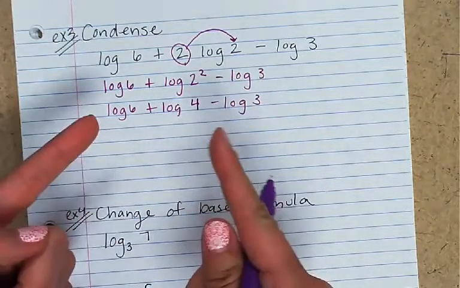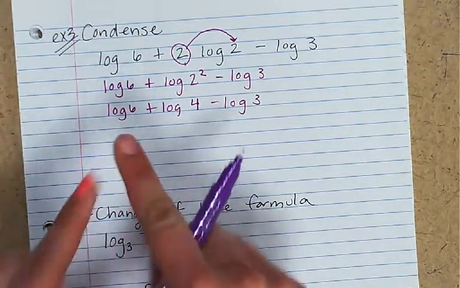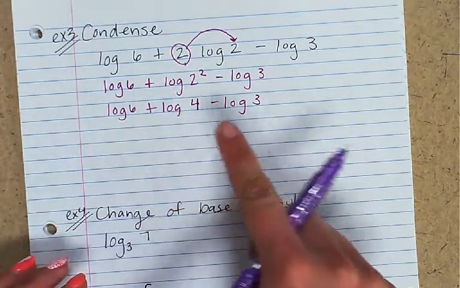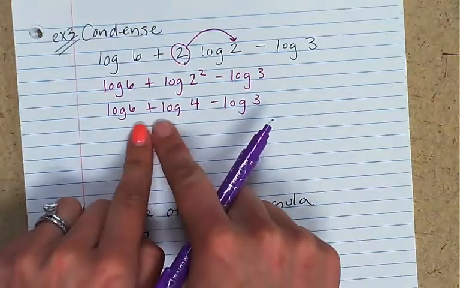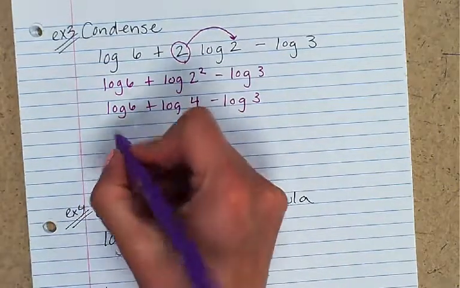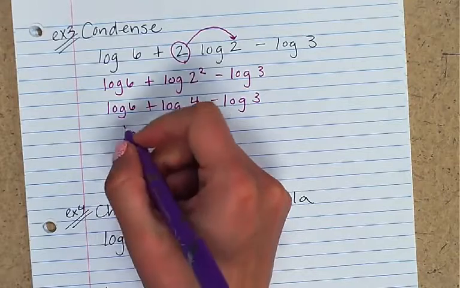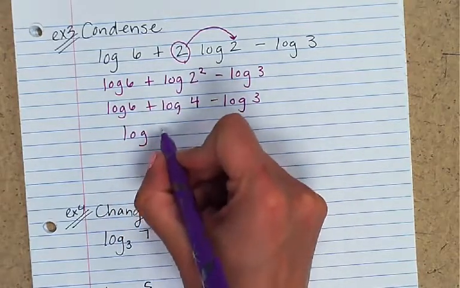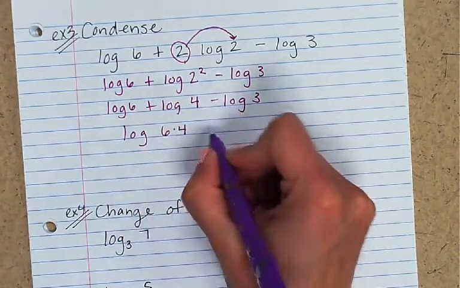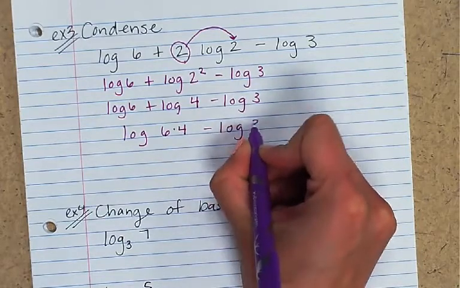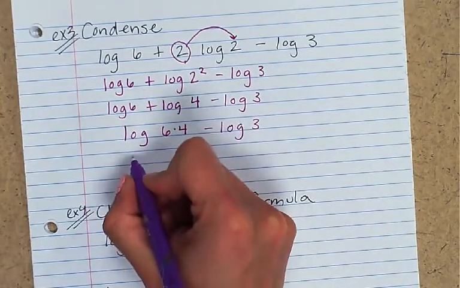Okay, so if I want to condense this into one log, if we have log 6 plus log 4, what did addition go with? It went with multiplication. So we're just going to multiply 6 times 4, which is 24.